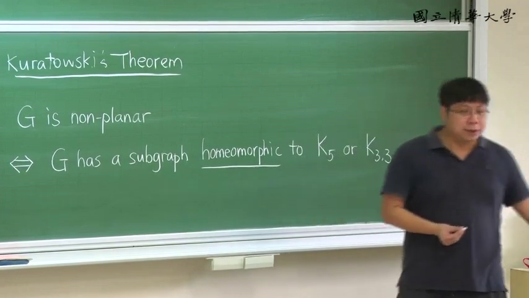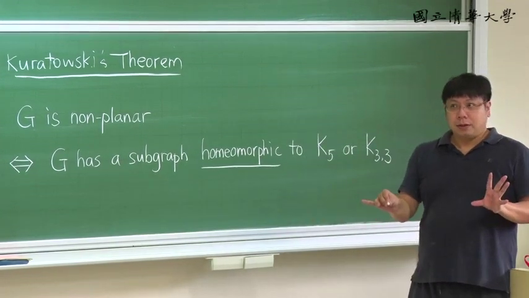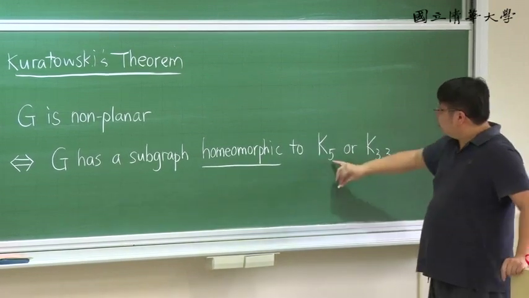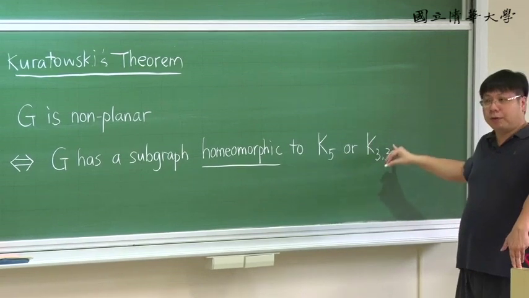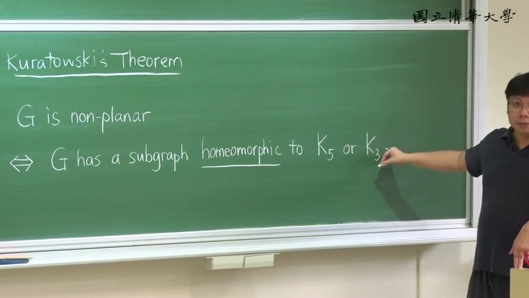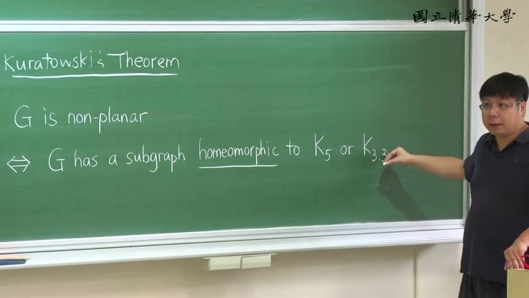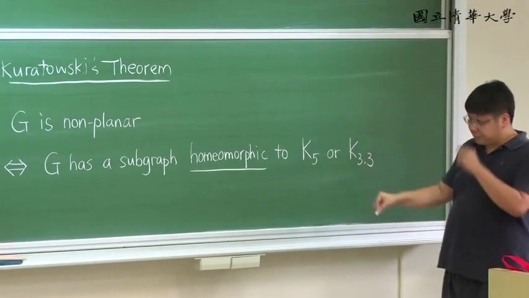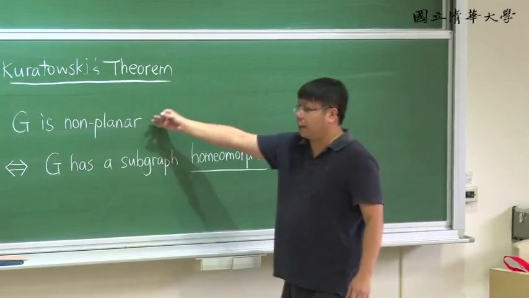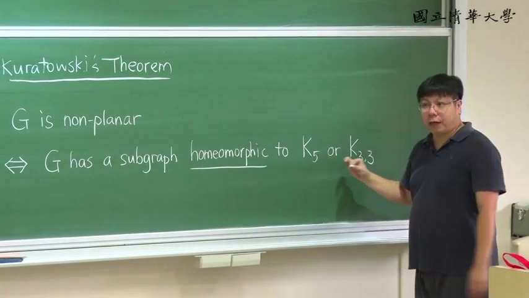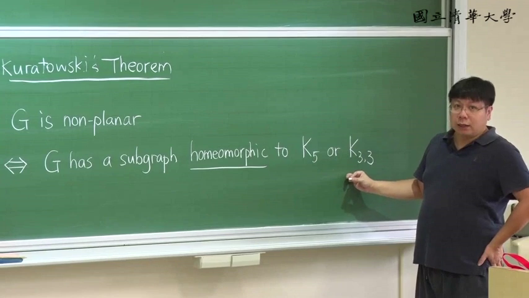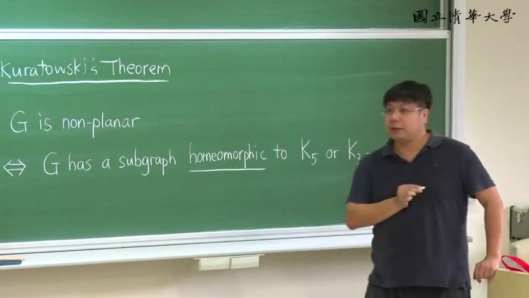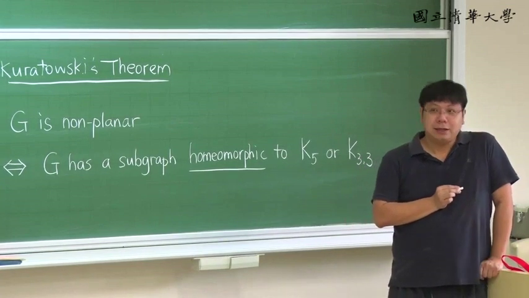If we can find a subgraph inside the graph that is homeomorphic to K5 or homeomorphic to K33, then this graph has to be non-planar. Okay, the reverse is also true. Whenever it is non-planar, it must contain a K5 or K33. On the other hand, if it contains a K5 or K33, then it must be non-planar. Is that okay?